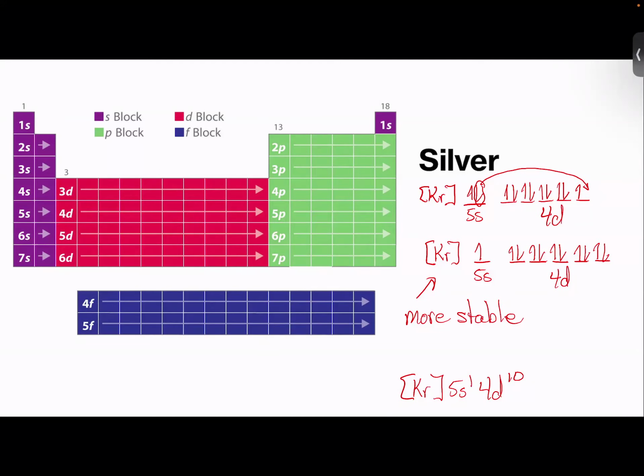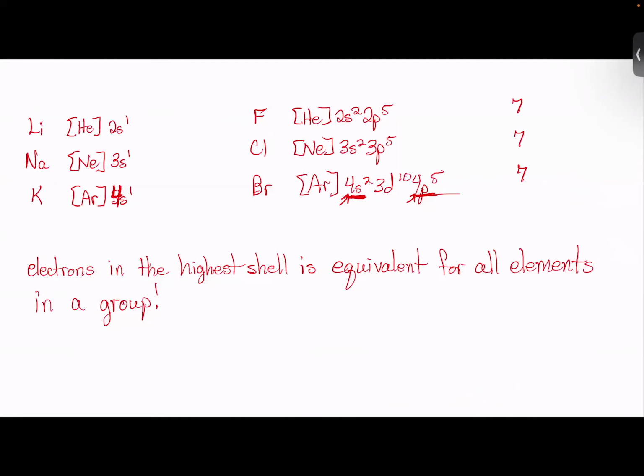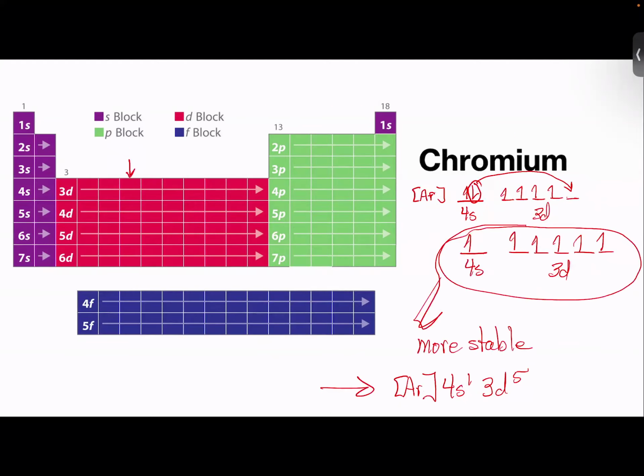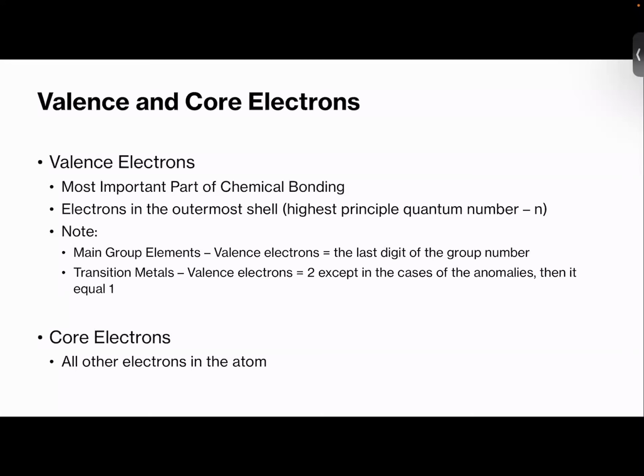Okay, earlier, before the anomalies, I showed you this slide. Well, we have a term for these electrons. That term is valence electrons.